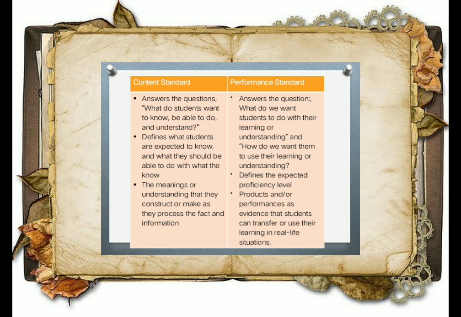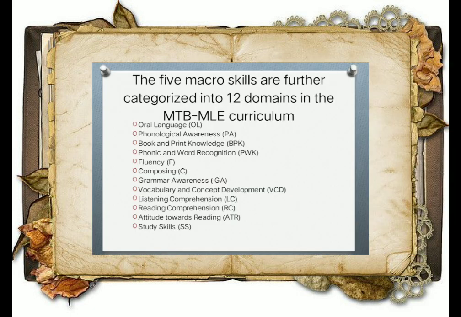Then here in content standards, we have the meanings or understanding that they construct or make as the process, the fact, and information. In the performance standards, it would be product and or performances as evidence that students can transfer or use their learning in real-life situations. So now let's proceed to the unpacking process in the next slides.